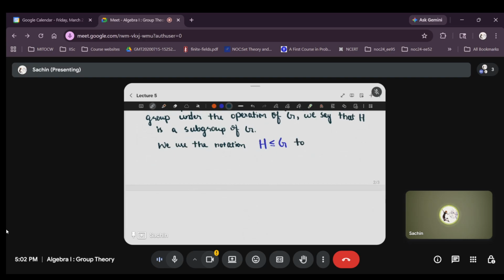We will be using this to mean that H is a subgroup of G.